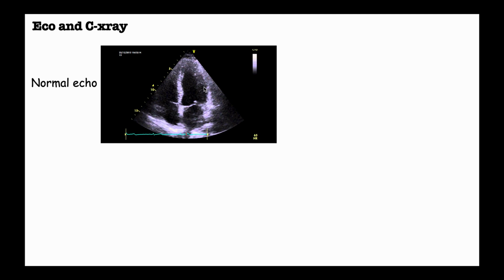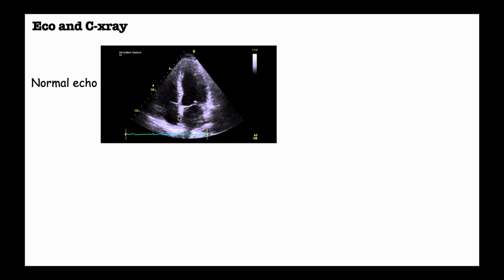And as you can see, the walls are nicely appearing with the valves over here. So this being the left ventricle, the right ventricle, then we have our atrium also over here, and you can see there is no abnormality detected in the walls as well as in the chambers.